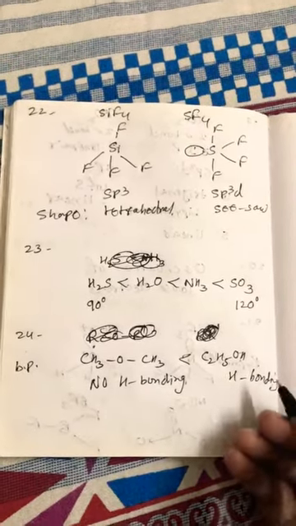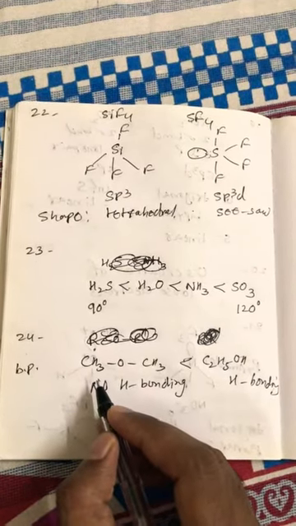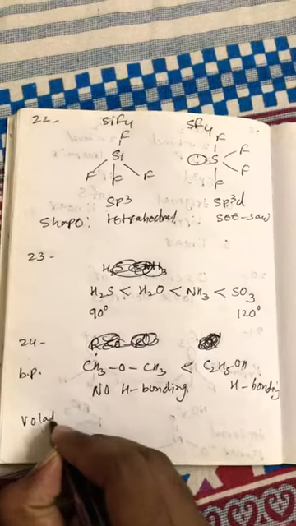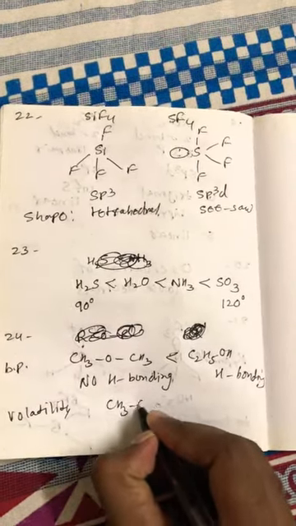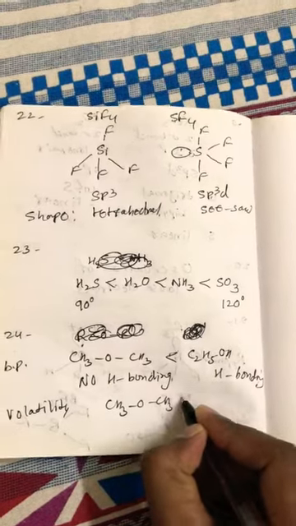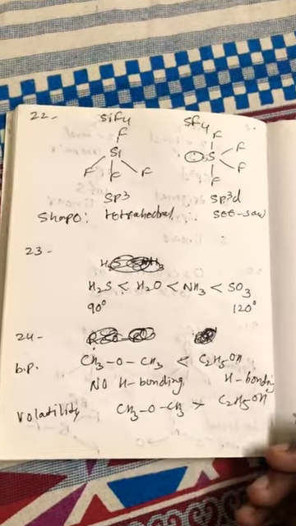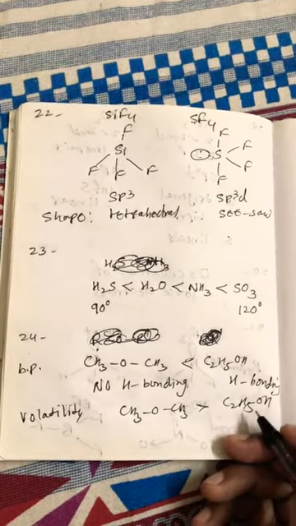So the boiling point of alcohol is higher than that of ether. That's why if we compare volatility, then the volatility of CH3OCH3 will be higher than C2H5OH, or we can say ethers are more volatile compared to alcohols.